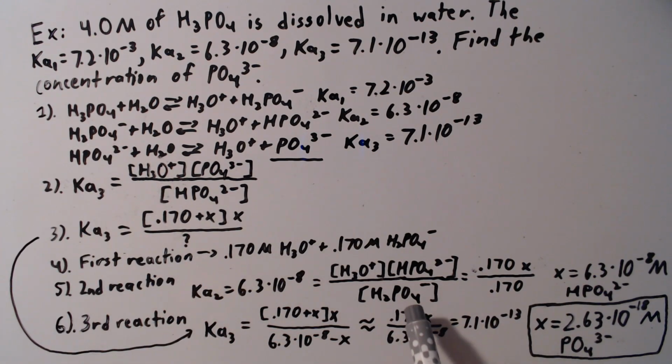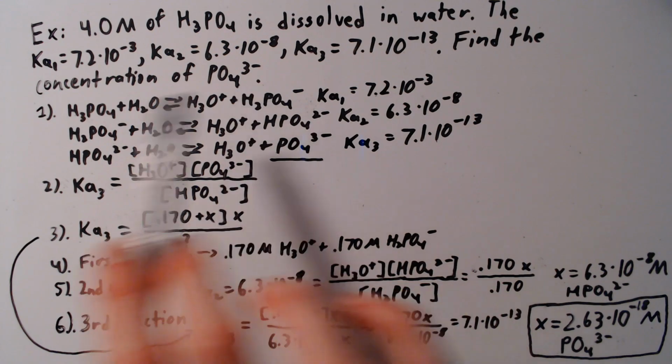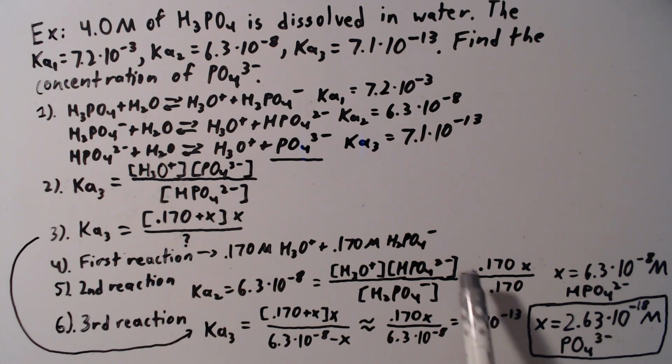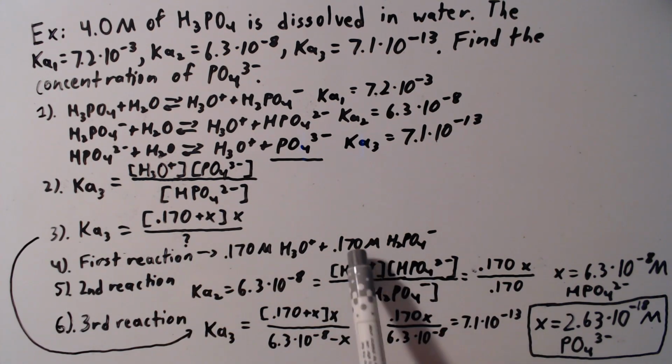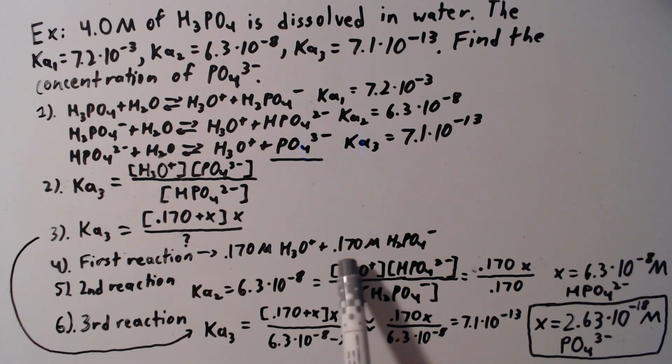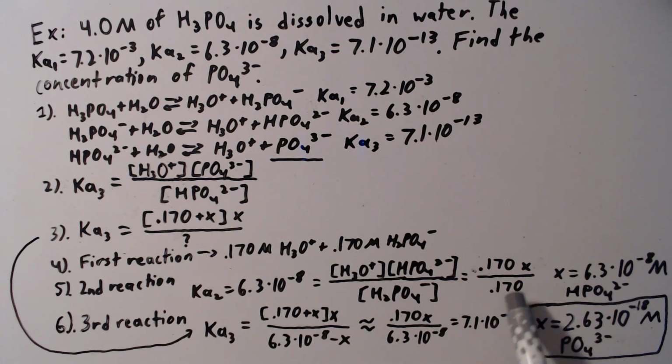And in this case, we know that from the first reaction we got 0.170 molar of H2PO4^- that was used up here. So we can put 0.170 molar for this H2PO4^- concentration, so 0.170 here on the bottom.